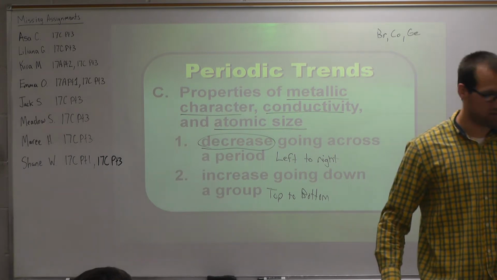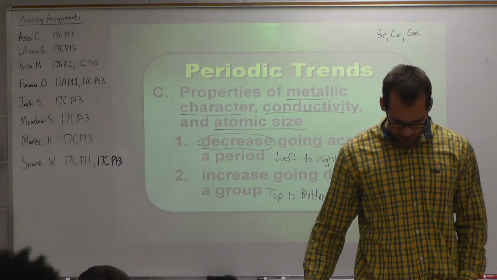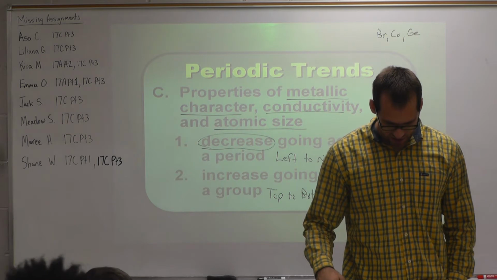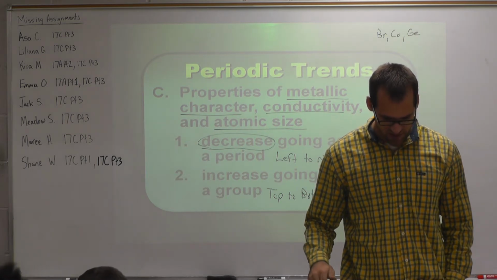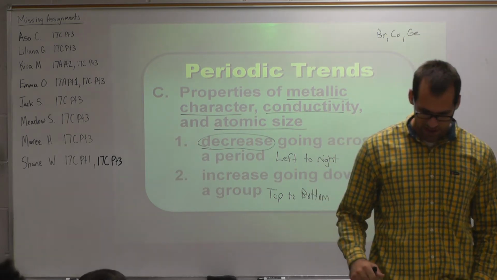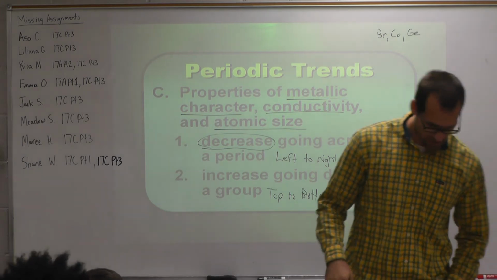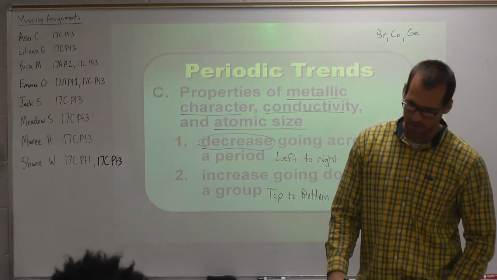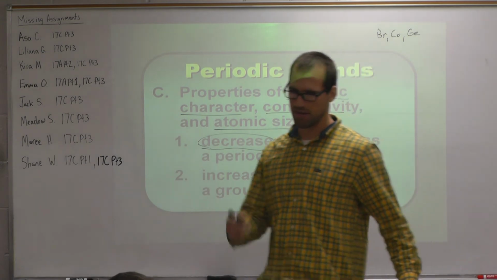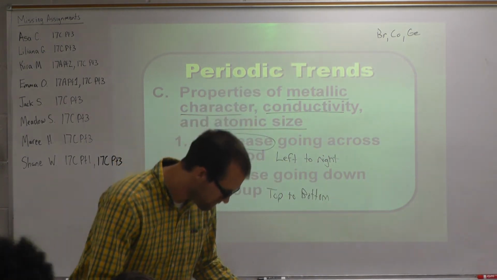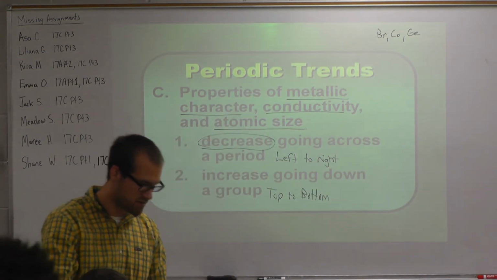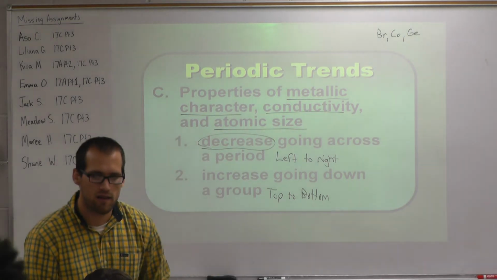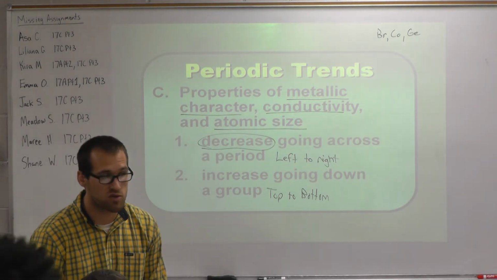Number 2, you have a question on? How does the number of main energy levels in an atom generally affect how tightly its valence electrons are held by the nucleus? Anyone think they know? The more energy levels, the bigger it is, and the looser the electrons are held.